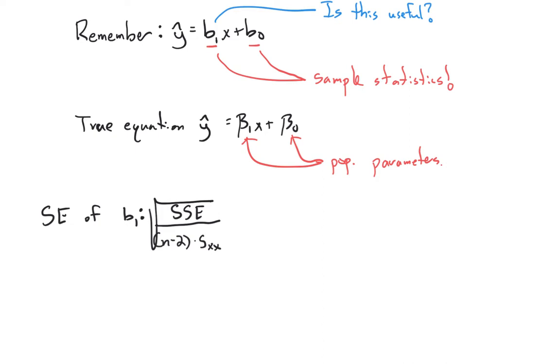The details of why that's true is a little technical, so we're not going to get into it, but know that it can be shown that this is indeed the formula for the standard error of your sample slope, your little b1.